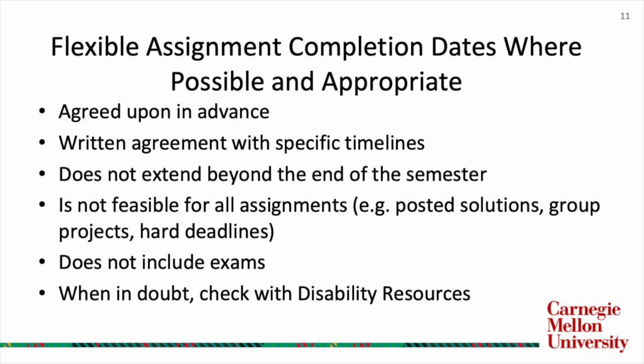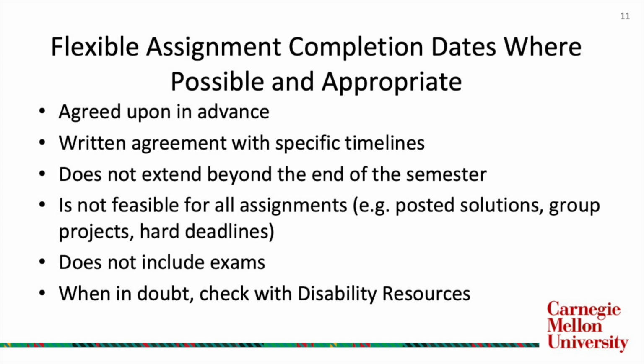But in terms of an accommodation, we're never going to come to the faculty member and say, as an accommodation, we're requiring that you grant an incomplete. What we can do is, if you and the student are in conversation about possibly doing an incomplete, and you need to know from us whether we have any information about the student's current situation that would support or not support that decision, please feel free to reach out to us and let us know what the discussion is and what your questions are.